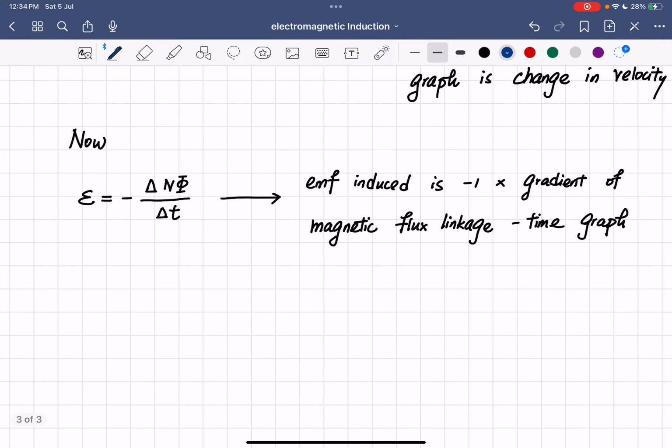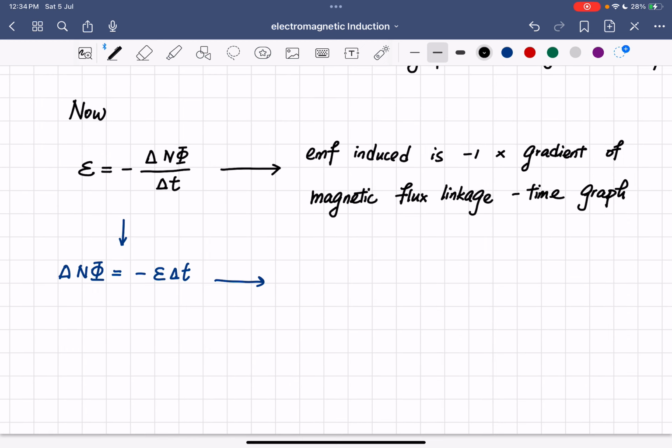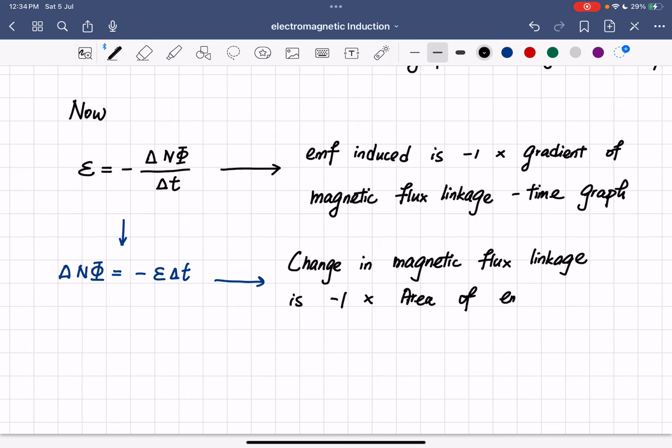Conversely, this can be written as the change in the magnetic flux linkage equals minus EMF times delta T. Then we will interpret this as the change in magnetic flux linkage is negative 1 times the area of the EMF induced time graph.